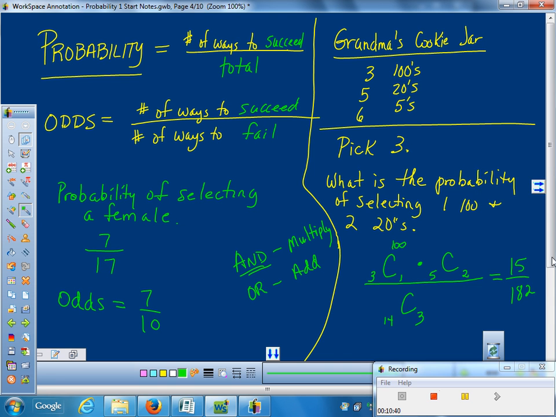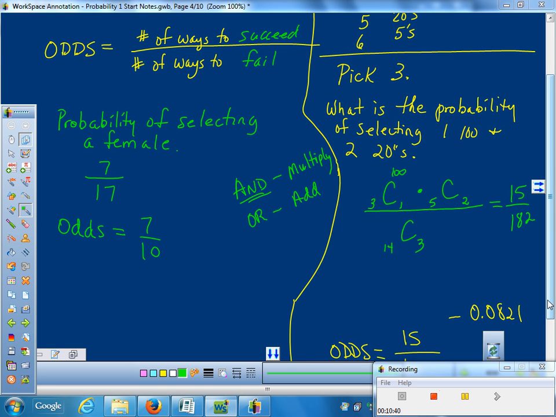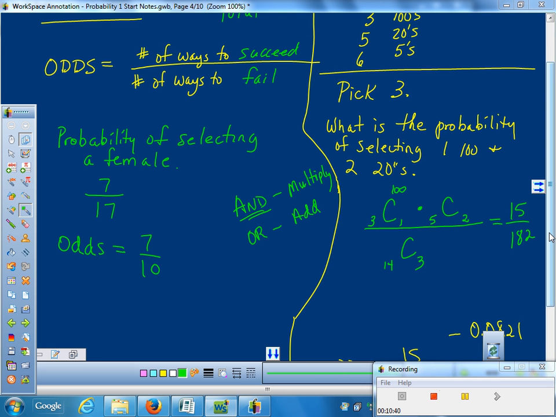Okay, now, here's the wrinkle. That was the probability. What if I said find the odds of this instead of probability? Can you do odds directly? No, because if you try to do ways to fail, think about how many ways to fail there would be.